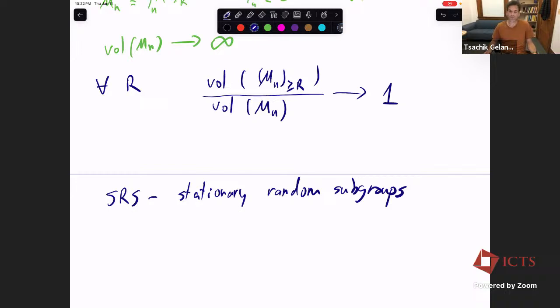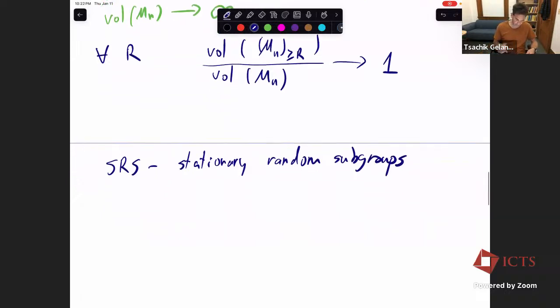These are much more general than IRSs, and in fact you can hope at least to say something about any discrete group by considering SRSs. So what does it mean? You fix some mu, some probability measure on G. It's a measure supported on a small subset that generates G, if you want. You have to choose it wisely.